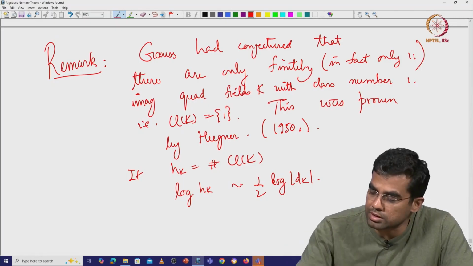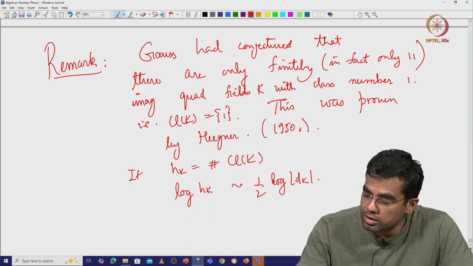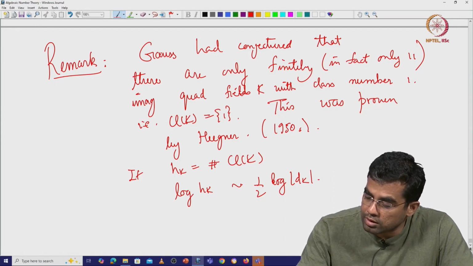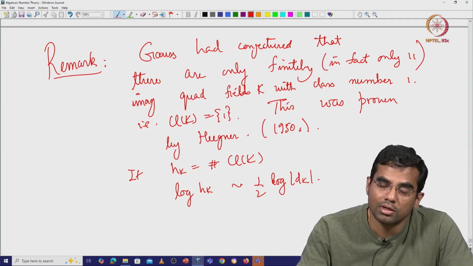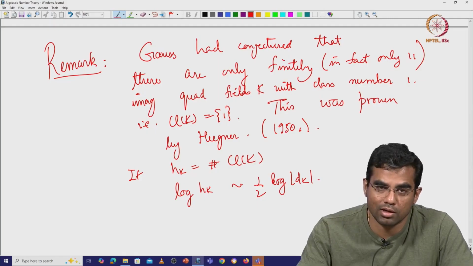You can make a precise conjecture and then that statement is still conjectural. So, there are lots of things still to be discovered even about imaginary quadratic fields, although the class groups of imaginary quadratic fields are perhaps easiest to study.